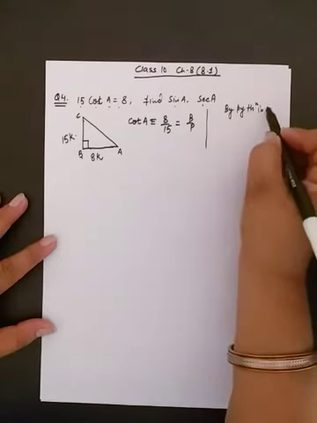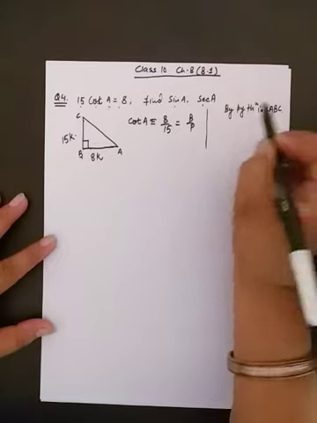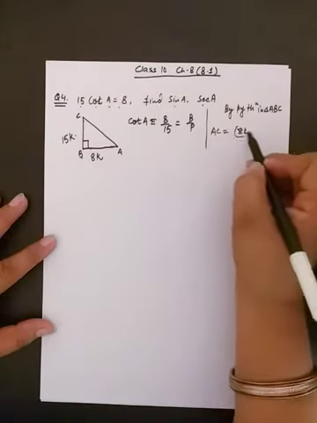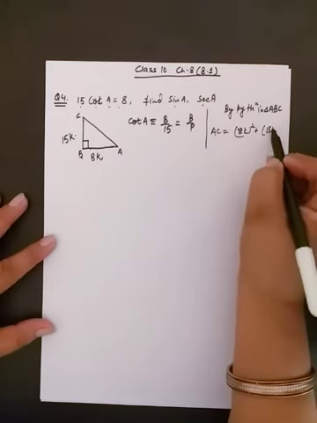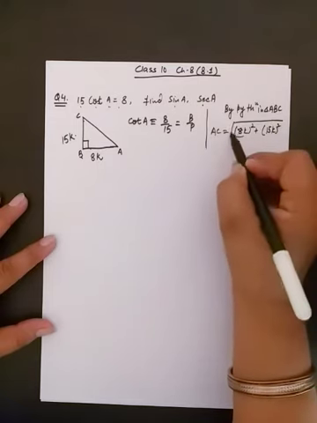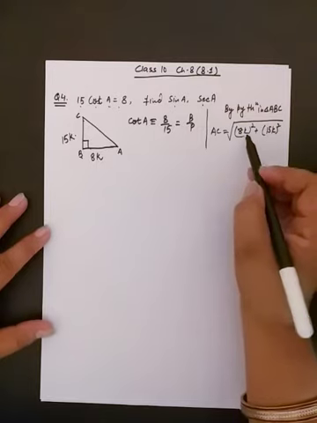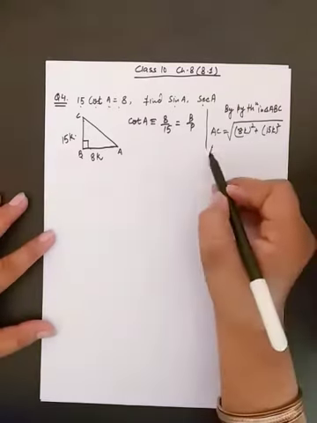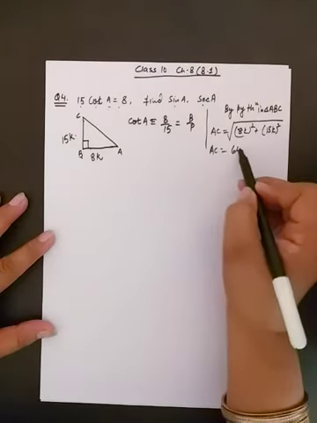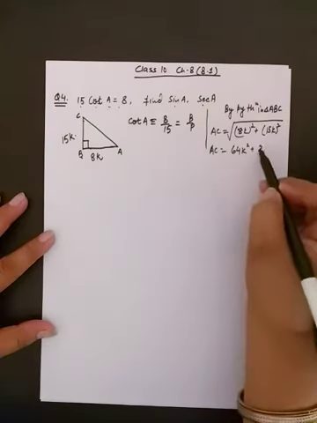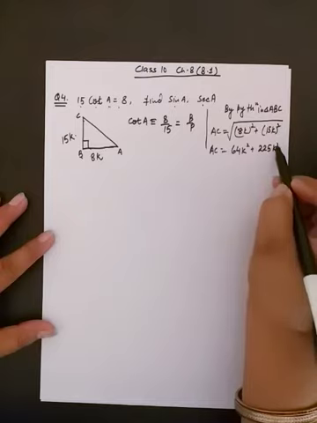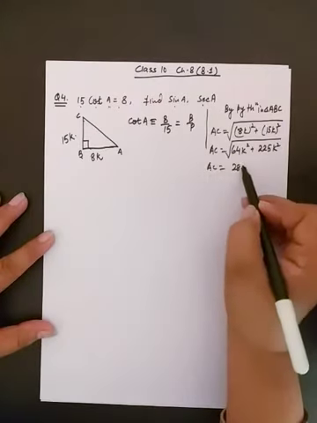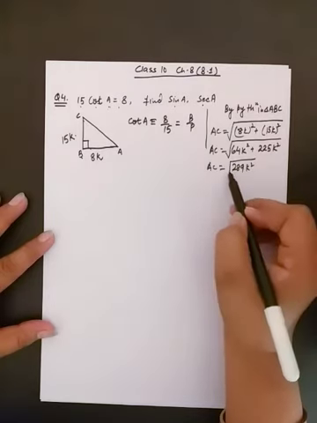So by Pythagoras theorem, in triangle ABC, AC will be 8k square plus 15k square under the root. Students, remember to put the square on the complete base, not only on k. So it will be 64k square plus 225k square, and AC will be 289k square under the root.